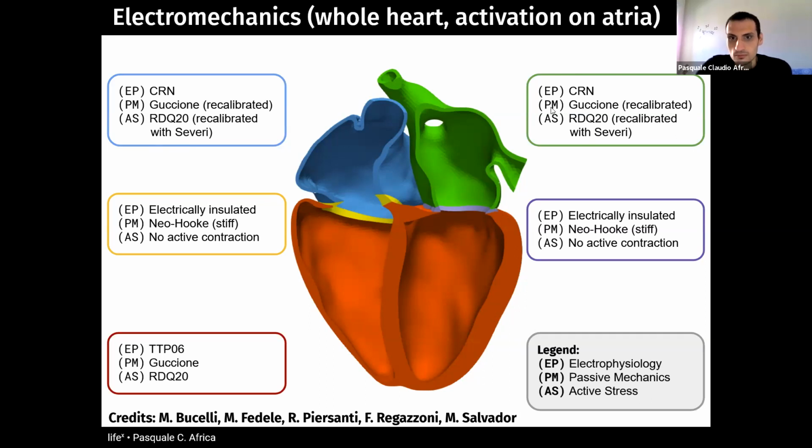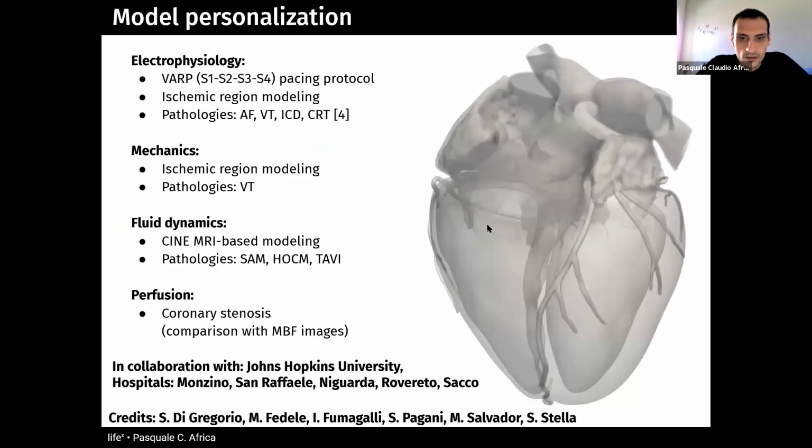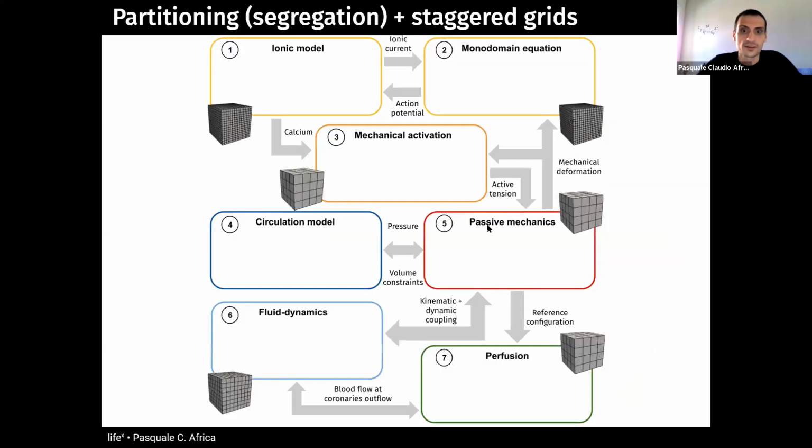And so, in principle, all of the three different physics, which are electrophysiology, mechanics, and activation, can be set using different constitutive relations or models in each of the three chambers. But this also holds for the whole heart simulation that we are going to perform in the next month.